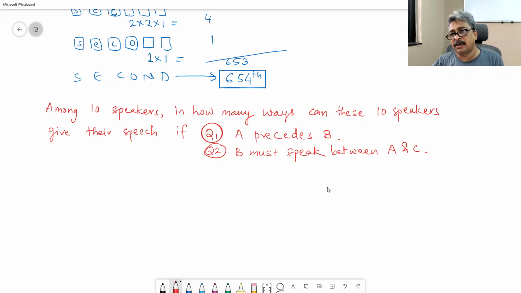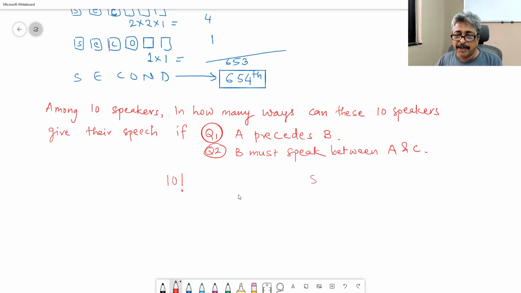The smart method of solving this problem is by symmetry. There are total 10 speakers. If they are supposed to be arranged amongst themselves, 10 speakers will get permuted amongst themselves in 10 factorial ways. Correct?